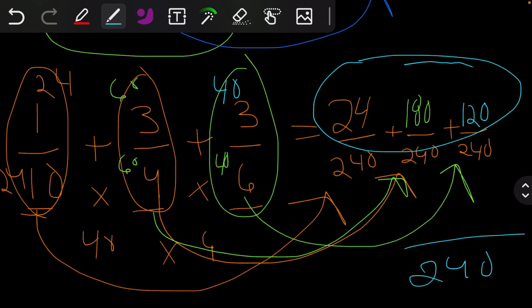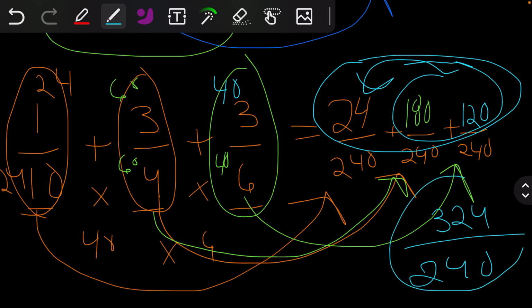And 300 plus 24, of course, that'll be 324. So this is our final answer. 1 over 10 plus 3 over 4 plus 3 over 6 is 324 over 240. And we'll talk about simplifying later.